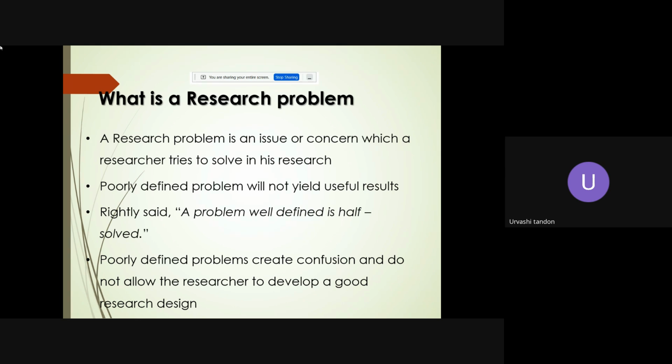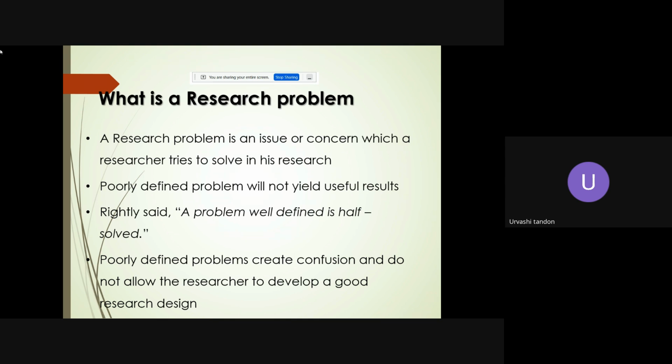Fortune was coming ahead, so he would not have dived so deep into the sea, spent whatever amount he had, and then gone into the mouth of a whale, right? So rightly said, a problem which is well identified or well defined is half solved. And poorly defined problems create confusion and do not allow the researcher to develop a good research design.